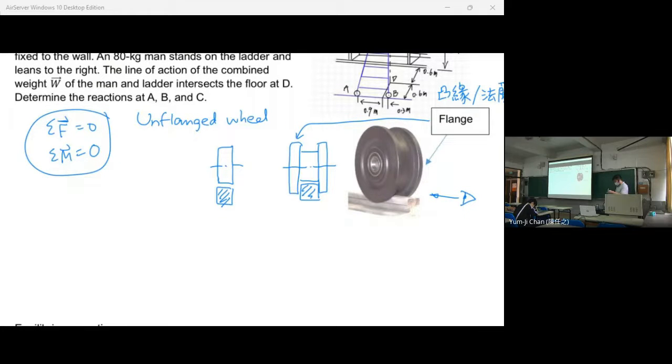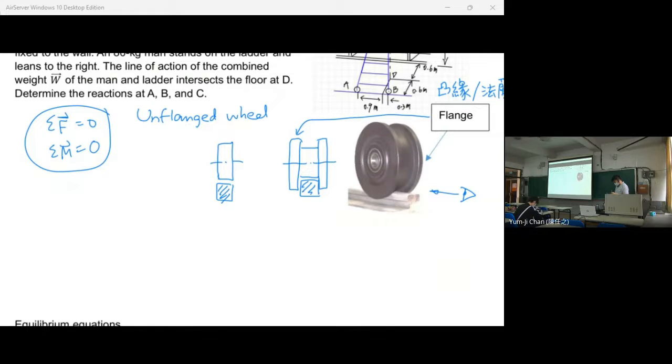Now, the structure looks like this. And then we have a point, and then we have points A. I'm sorry, I should use blue here.